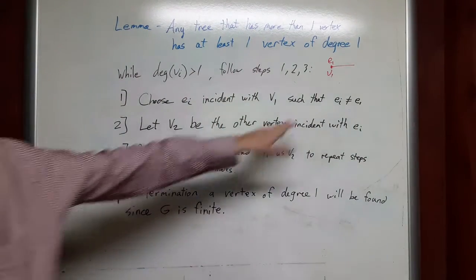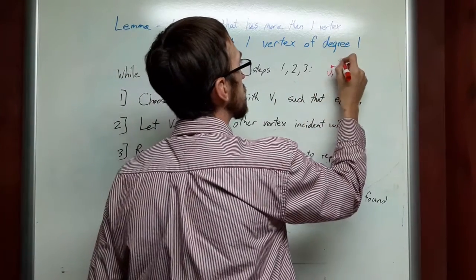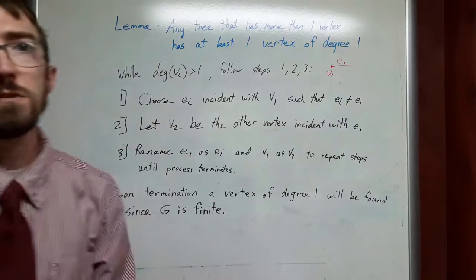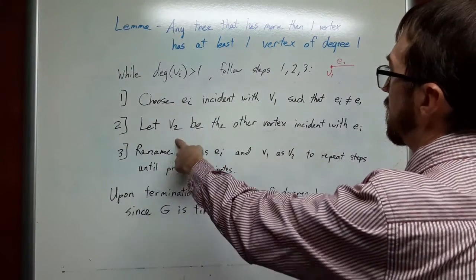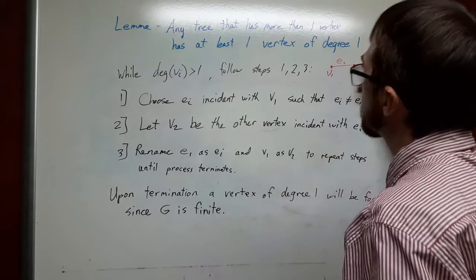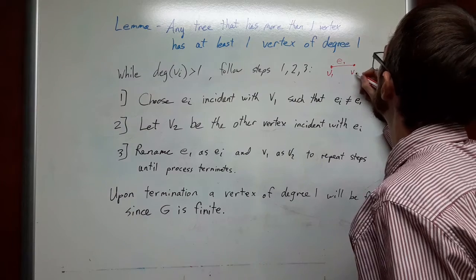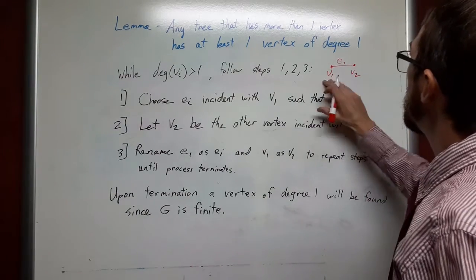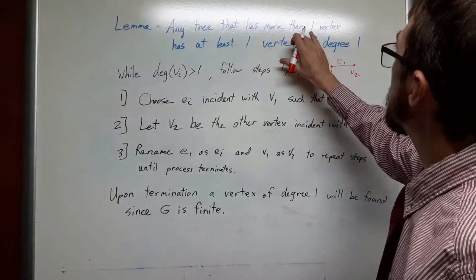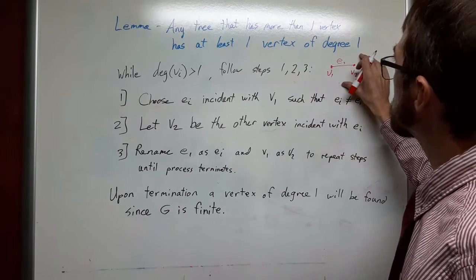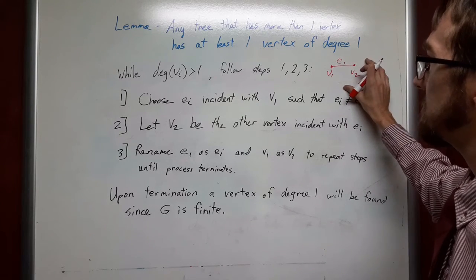And then at the other end of this edge, there has to be another vertex. So this is what we're going to call our vertex, which is this v sub i sequence. And so we have this. So we know we have to have more than one vertex. So this is basically the smallest tree that we're looking at.